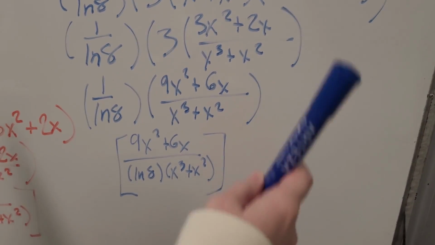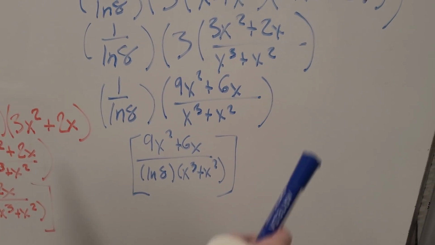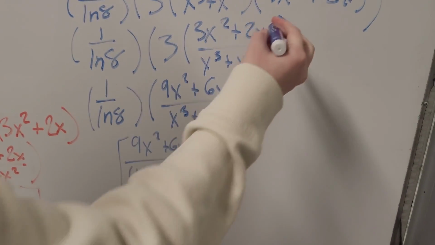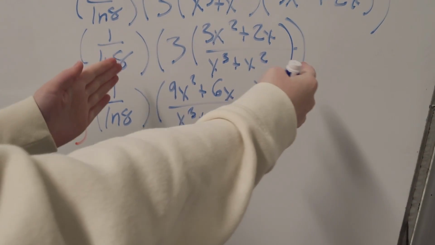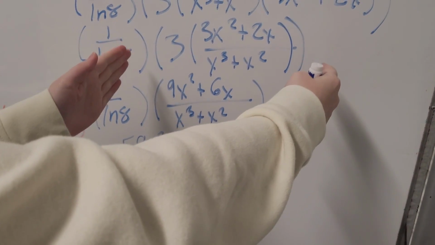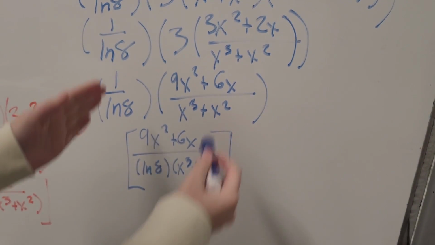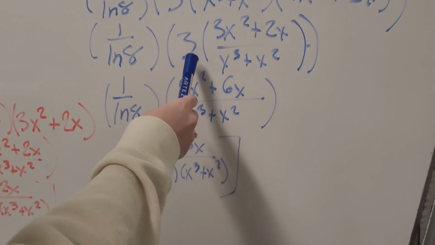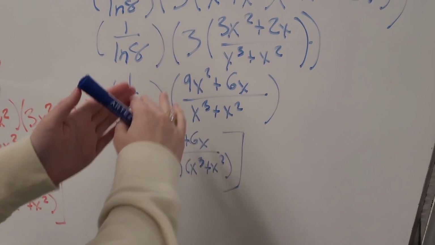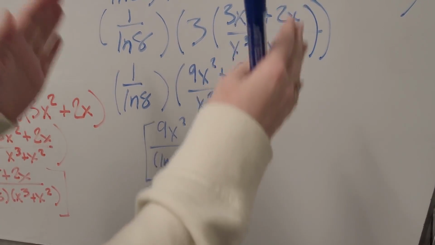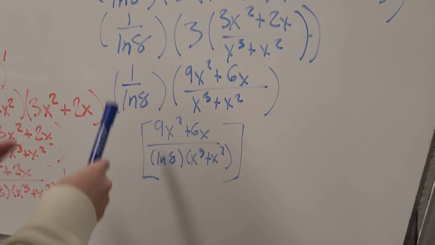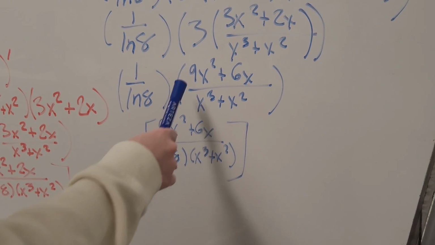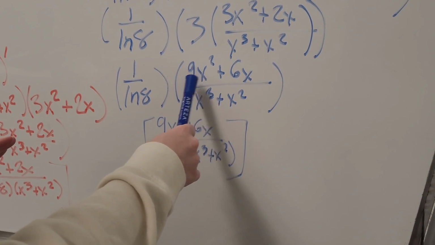Now here's where it gets a little tricky. Now that we have this part of the equation simplified, we have to simplify it even more. When we have a number on the outside, we only multiply the top, we don't multiply the bottom unless it's in another fraction. So we have 1 over ln 8, and then 3 times 3 is 9, 9x to the second.